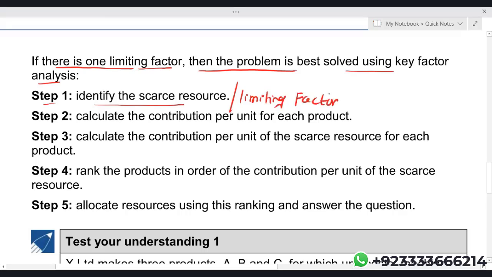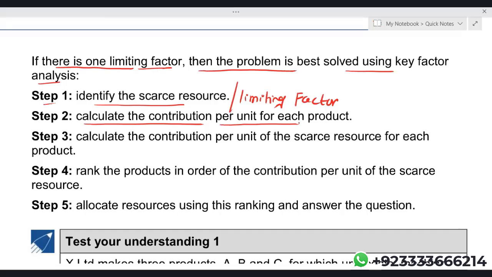So actually, first you have to identify the limiting factor. That is step one. Basically, you have to identify which factor is limiting. Is it the labor hours, machine hours, material availability, or let's say the demand, what is it actually?